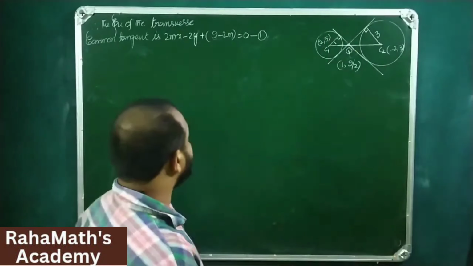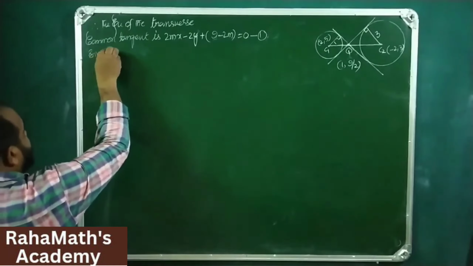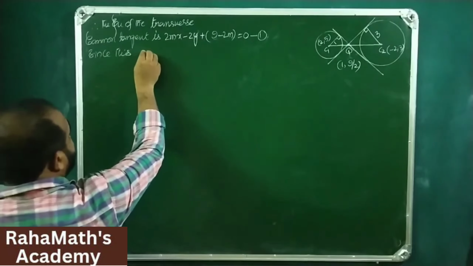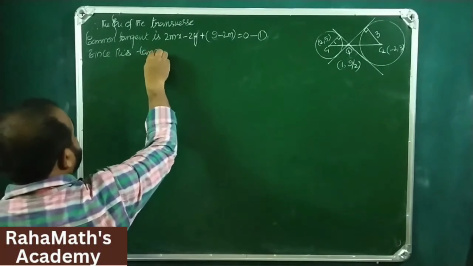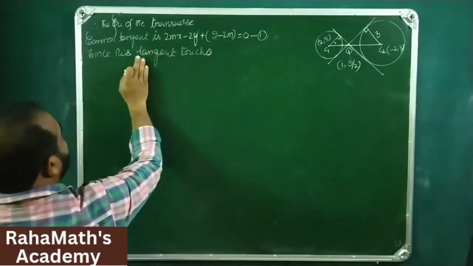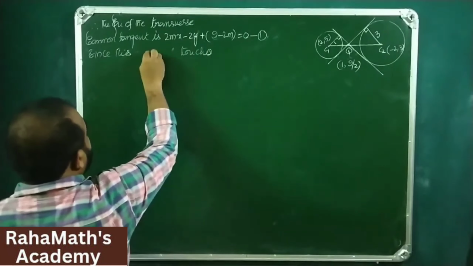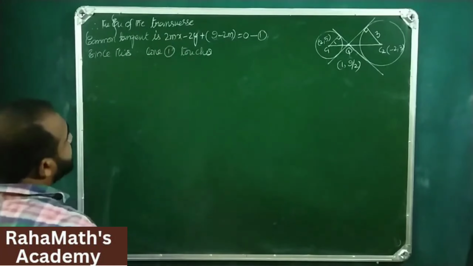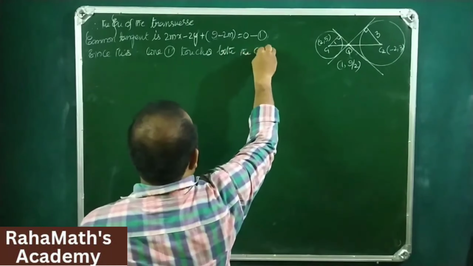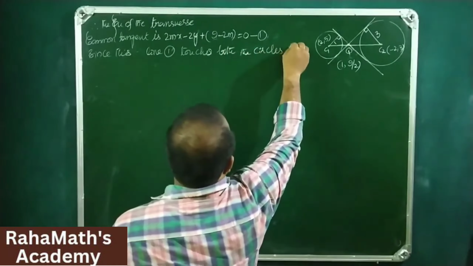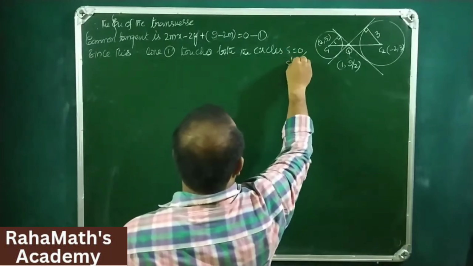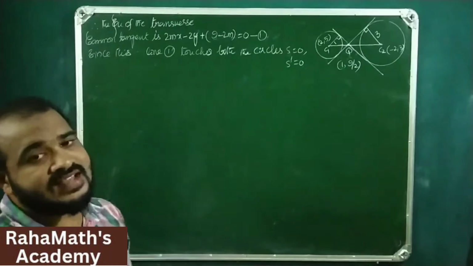Since this line touches both the circles, S equals 0 and S dash equals 0, what is the tangential condition?